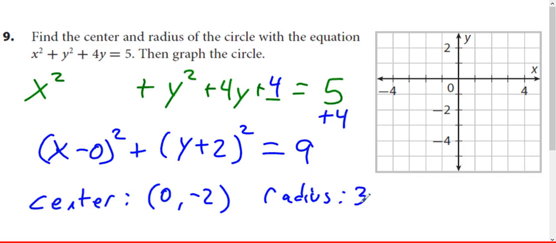Square root of 9 is 3. So you put a point at 0, -2 for your center, then go 3 up, 3 right, 3 down, 3 left, and draw the circle.